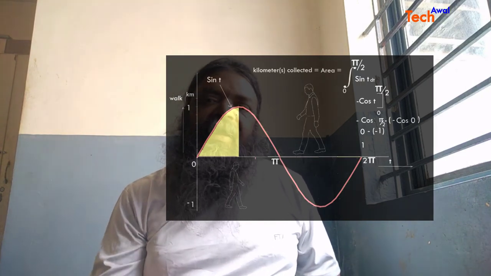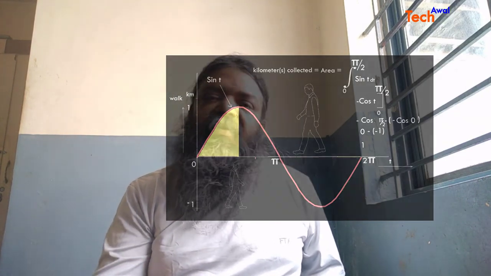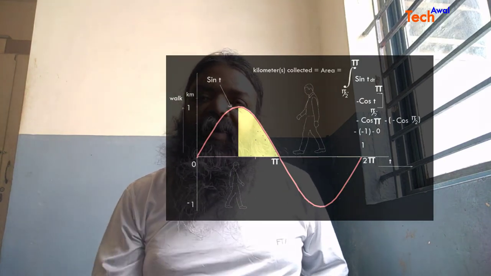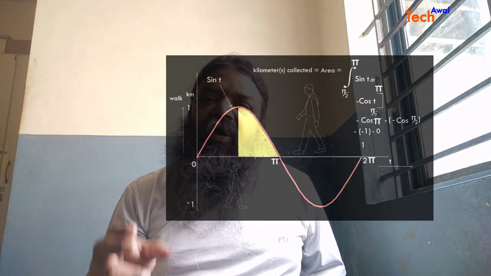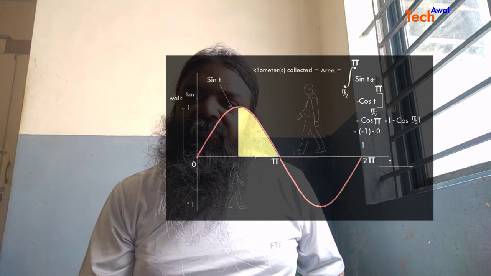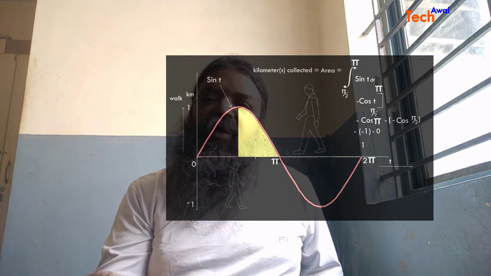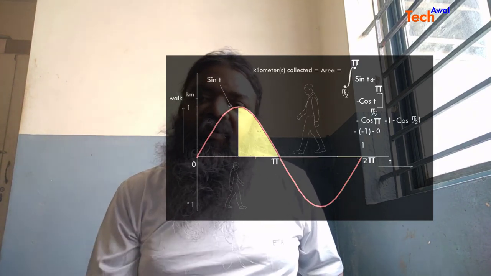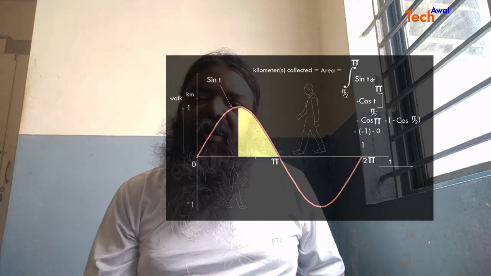This means he is growing the collection up till he reaches pi by 2, collecting some kilometers in one unit of time, the next unit of time, the next unit of time. So at pi by 2, he is collecting 1. That is his tendency. Then he is decreasing the collection, and at pi he stops.